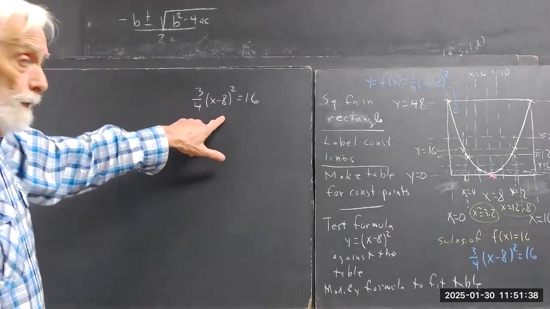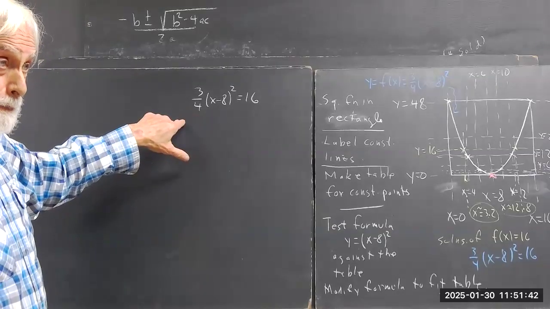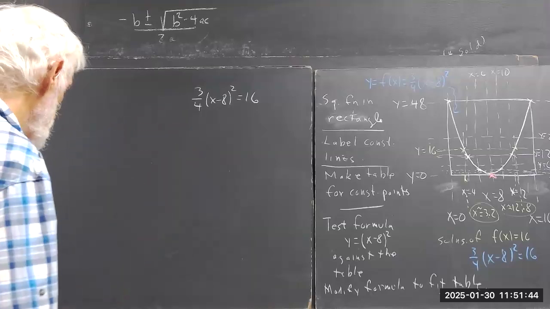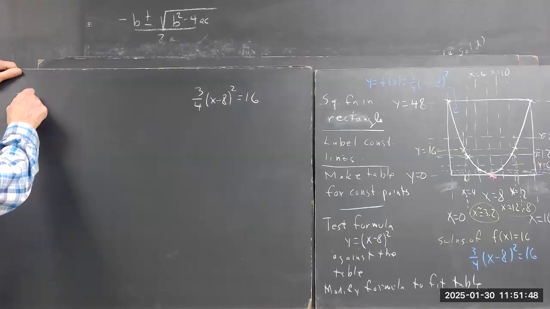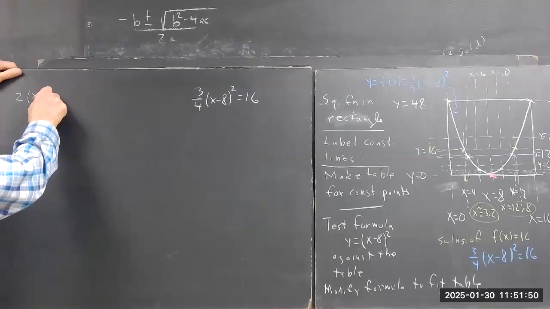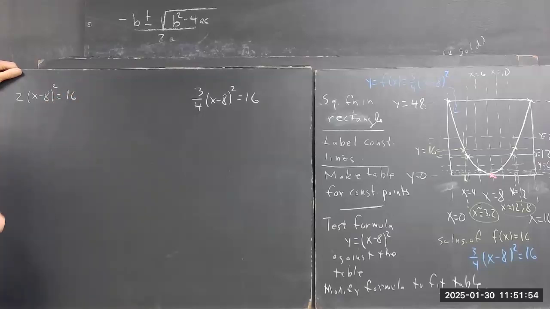Before I solve this equation, I want to solve one that doesn't have the complication of a fraction. So let me say I have the equation 2 times x minus 8 squared equals 16.